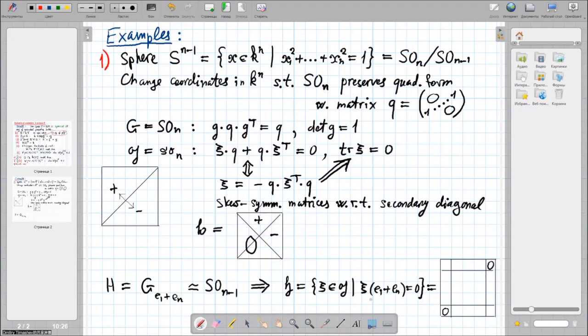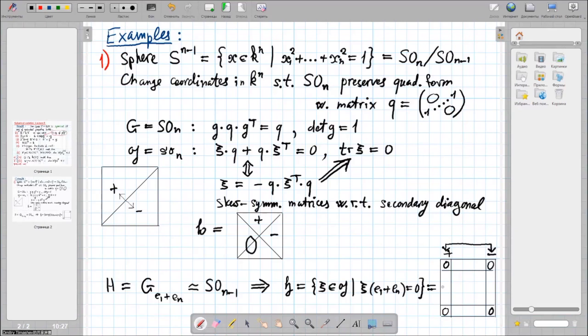And also, since this matrix should annihilate the vector e_1 plus e_n, the sum of the first and last column should be 0. So these two columns of the matrix should be mutually opposite. This means in particular that we have 0 here and also 0 here.